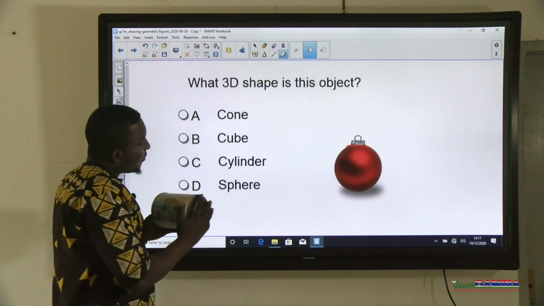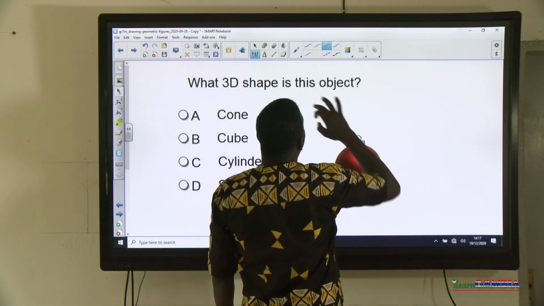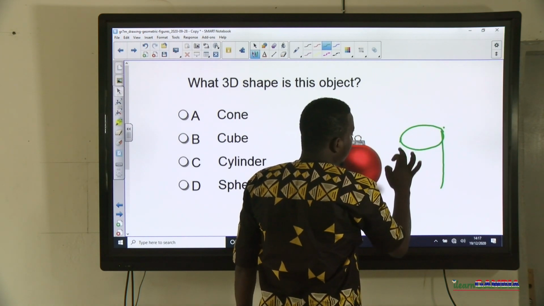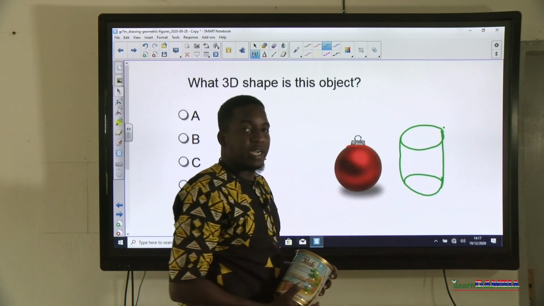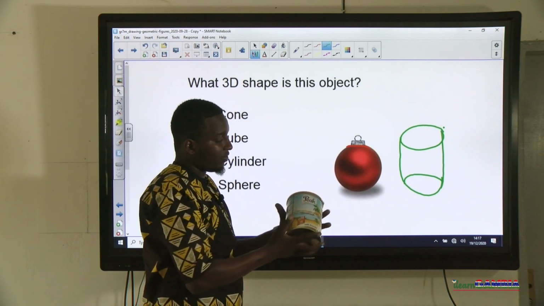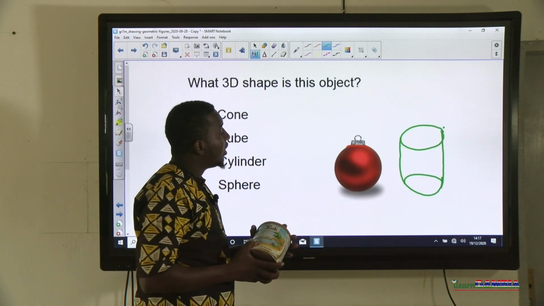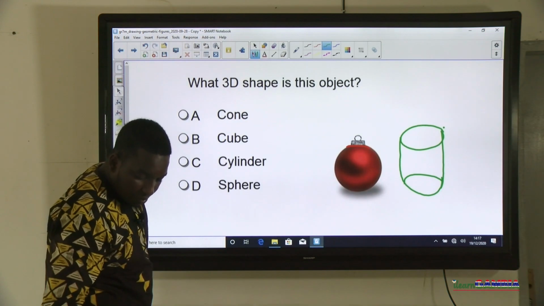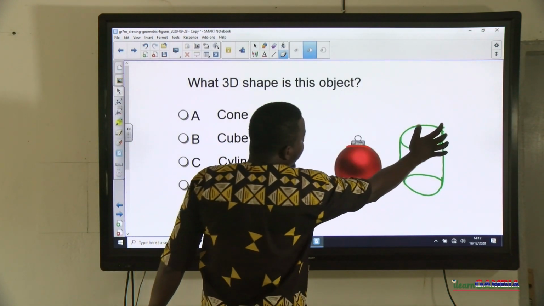So looking at the object that we have, does it look like a cylinder? This should somehow look like a cylinder. Here we have a face, and here we have another face, and also we have a curved surface. So if you look at the two objects, they are different. We can conclude that the object that we have is not a cylinder, as the objects are different.